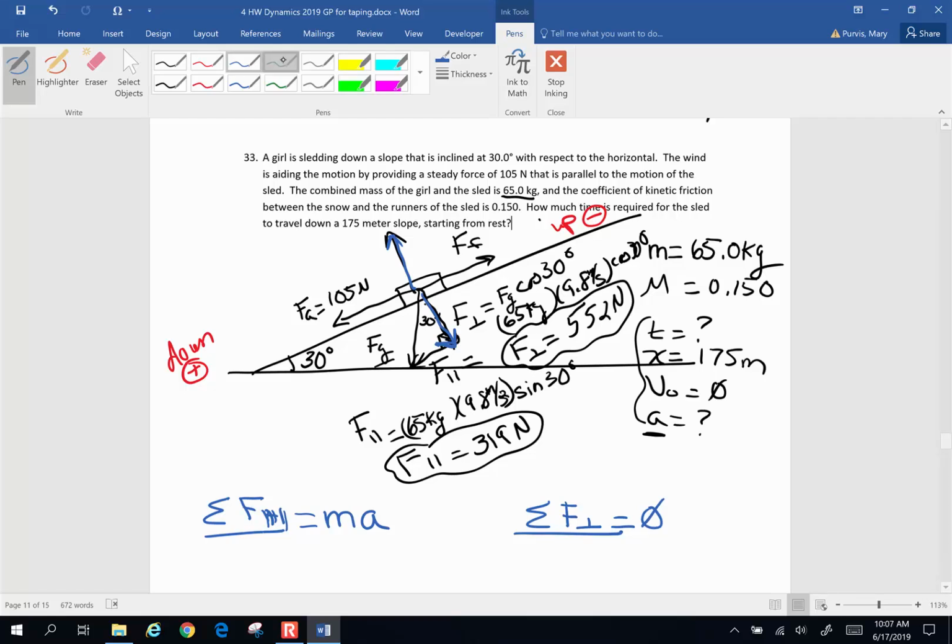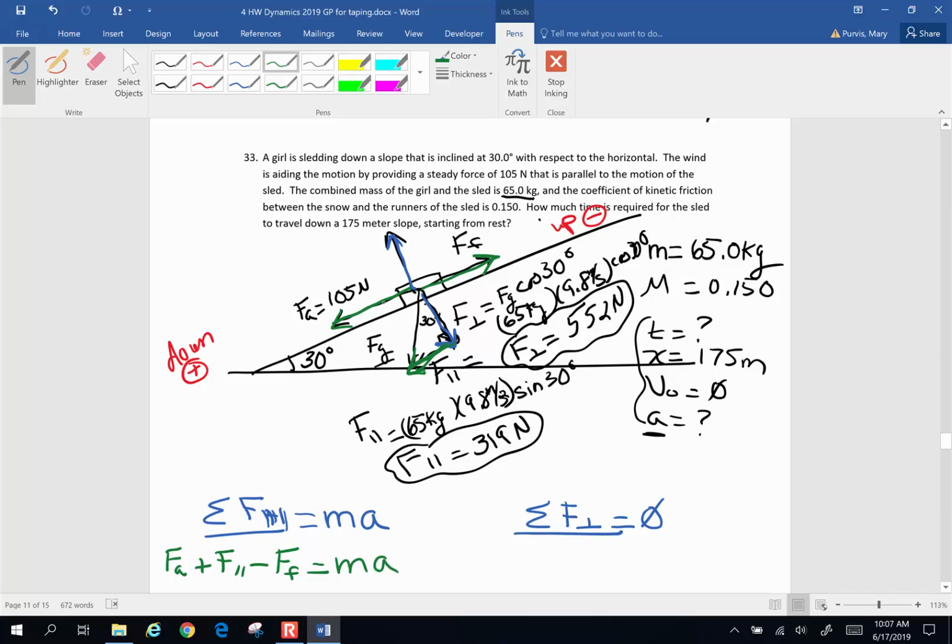What have I got? I have got this force added. I've got the force parallel, and then minus the force of friction. So force applied of 105, plus my force parallel, minus the force of friction is going to make my mass accelerate.